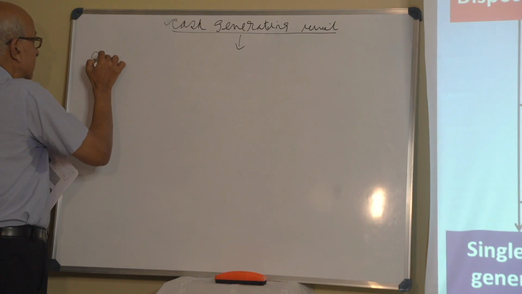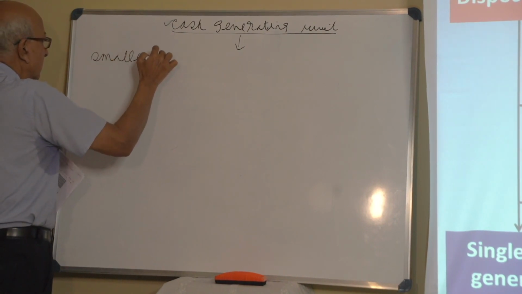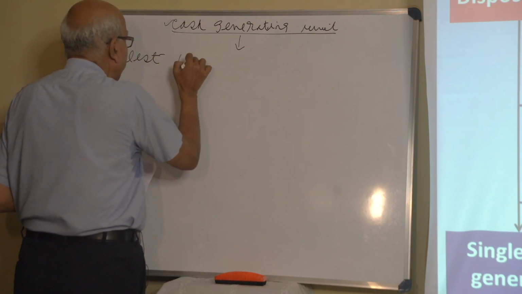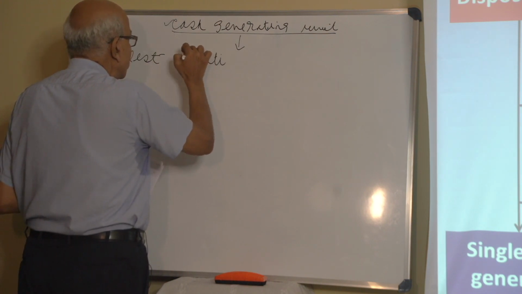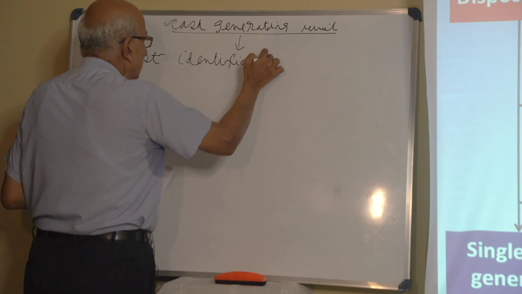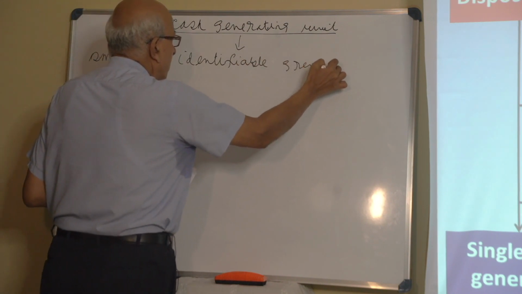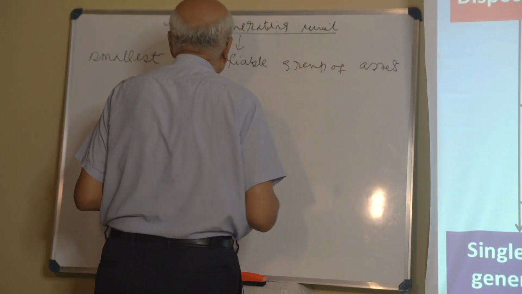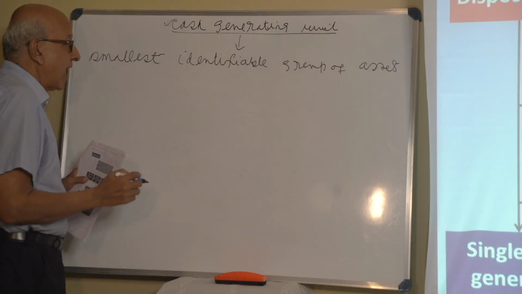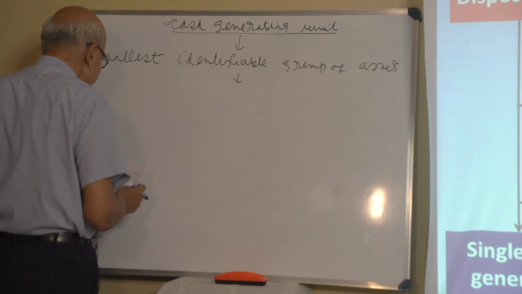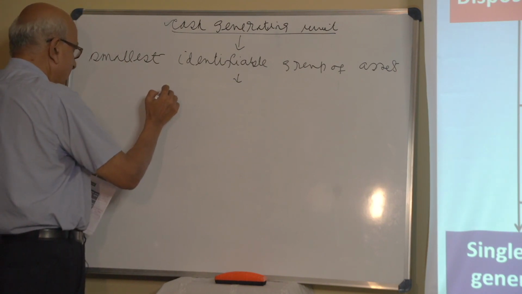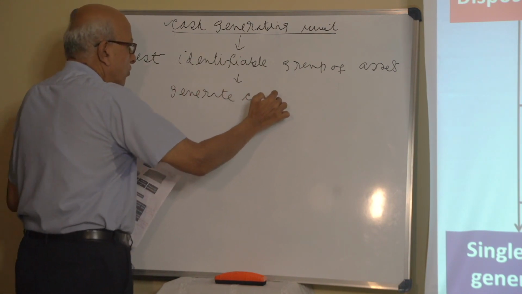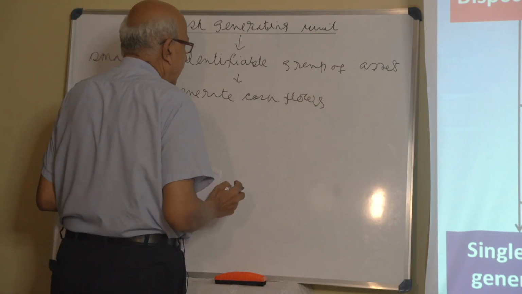These are the smallest identifiable group of assets. They generate cash flows on their own.